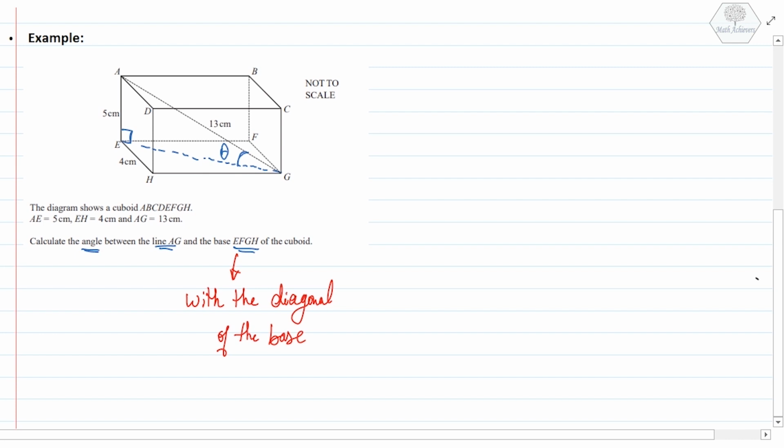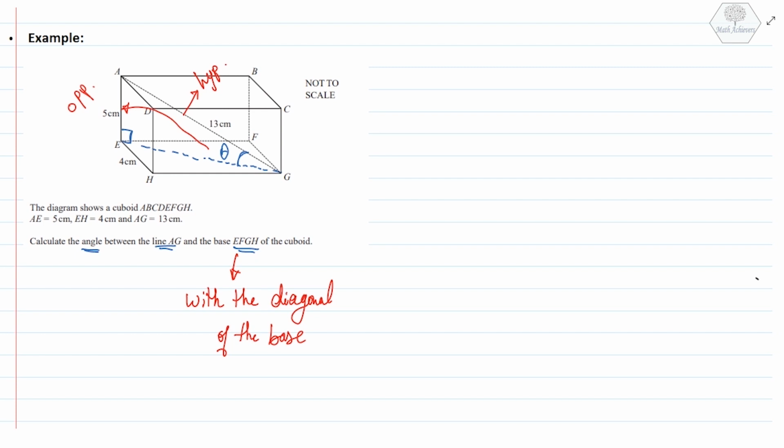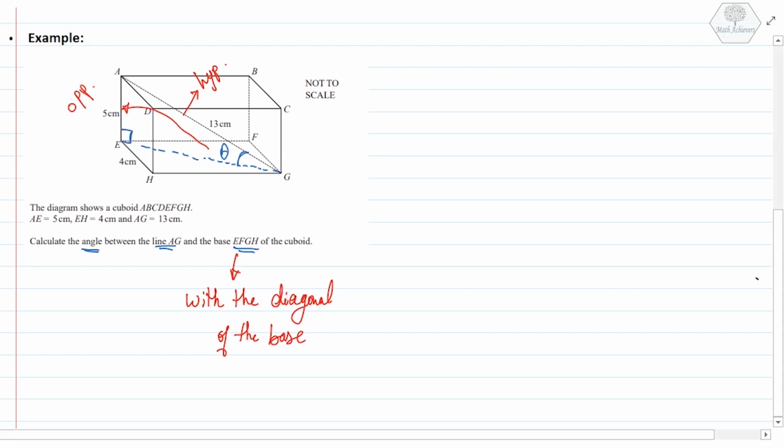Now, in order to find theta, I will use the trigonometric ratios. I know that AG is the hypotenuse, and the side opposite to theta, which is AE, is the opposite. So I will use sine theta.